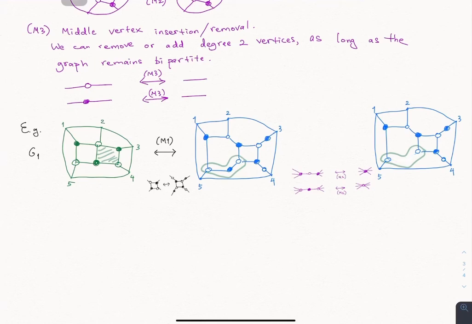So this whole thing would be one big vertex, and it was white. So the picture would look like this.